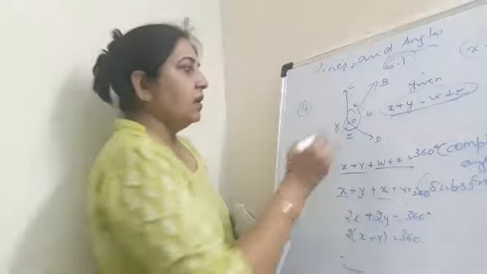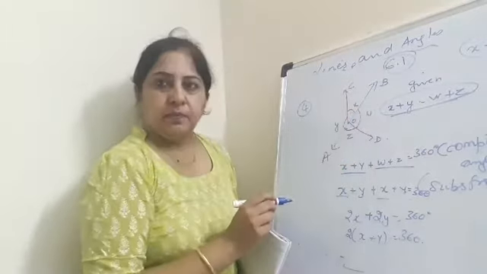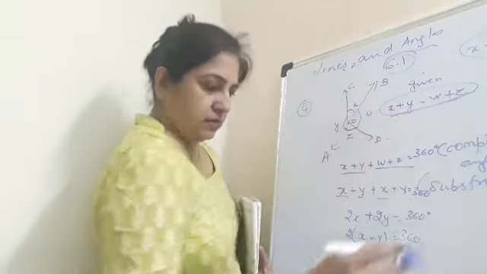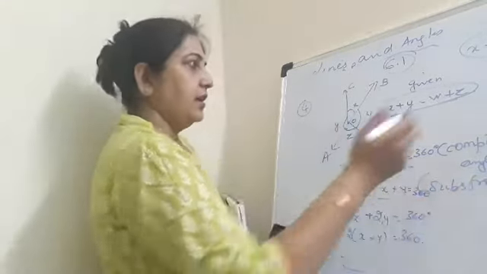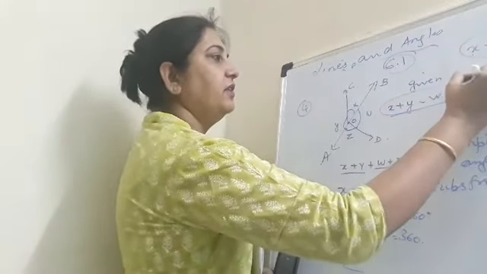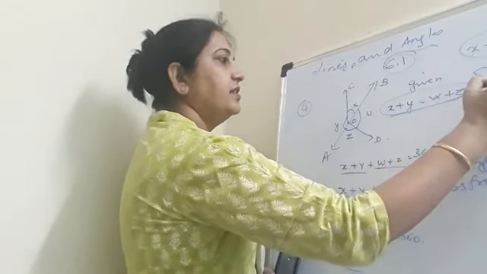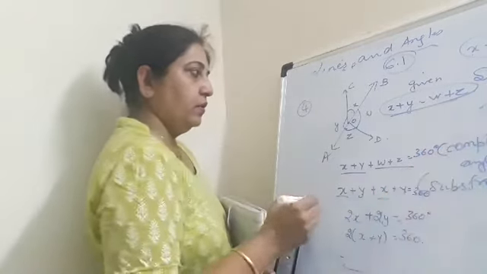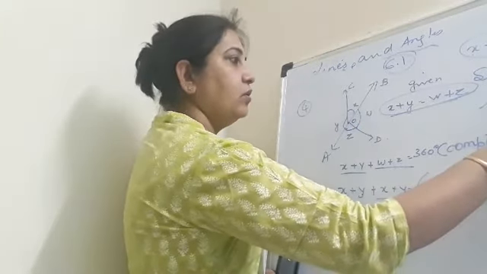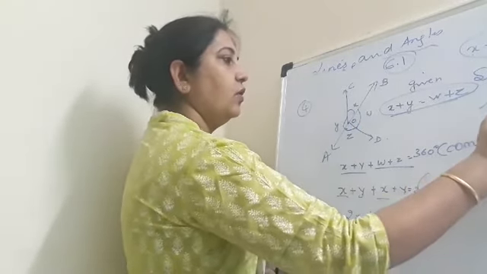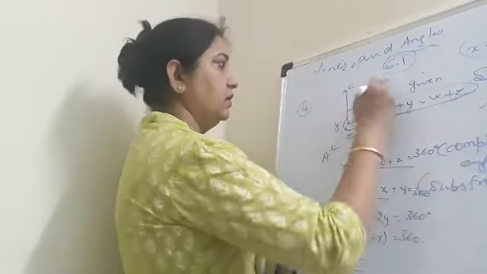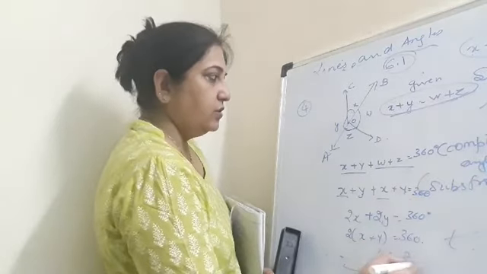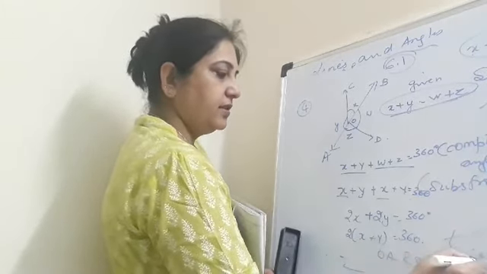Now, after writing x plus y is equal to 180 degree, we'll write since adjacent angles are supplementary, therefore ray OC stands on AOB, and then OA and OB are the opposite rays.